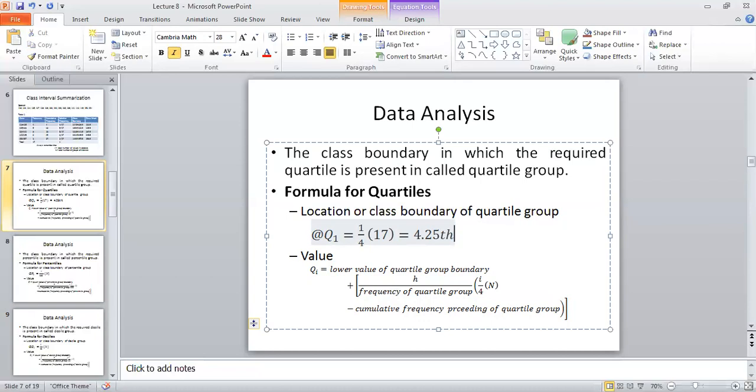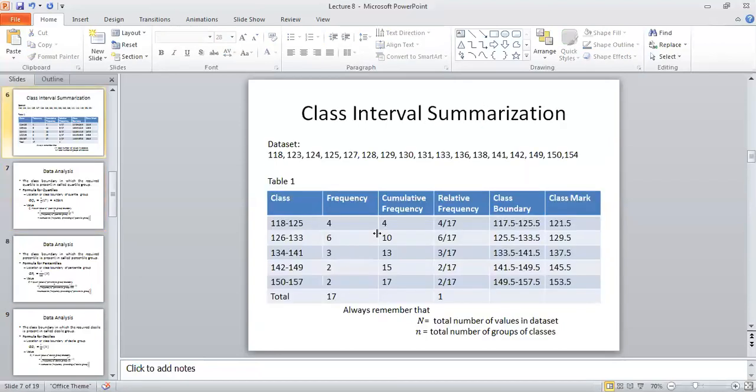That means the class boundary in which the required quartile is present is the quartile group, and it must be located at the 4.25th location. Now, what does it mean? We move on to the class interval table and use the cumulative frequency column to understand this. We want the location of the 4.25th value.